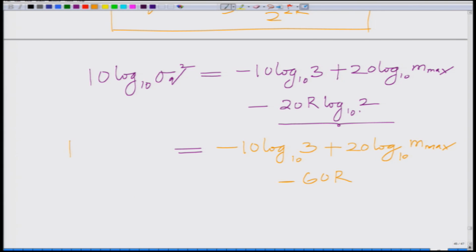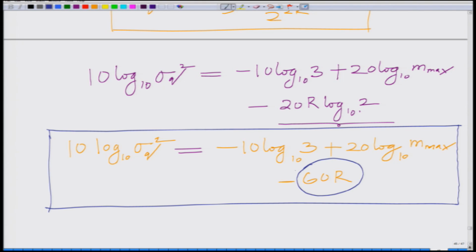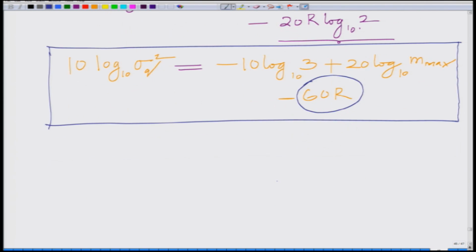This is your noise power. You can see that the dB noise power decreases by 60 r, that is for each additional bit it decreases by 60 dB.